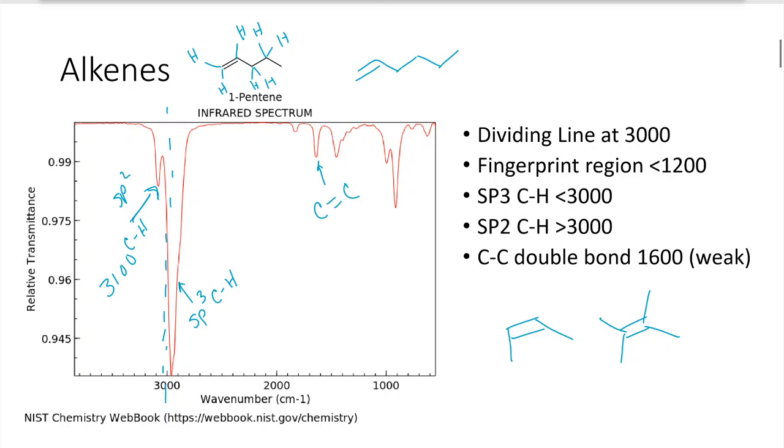So for an alkene, you normally have sp3 CH stretching just below 3000, sp2 CH stretching just above 3000 at around 3100, and the asymmetric carbon-carbon stretch at around 1600 wave numbers.